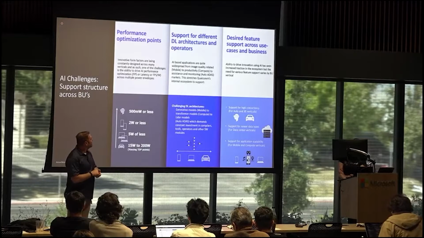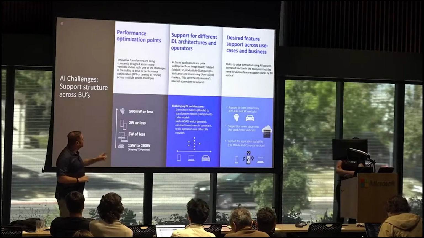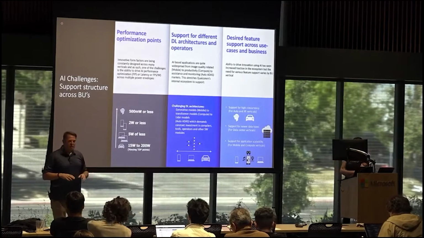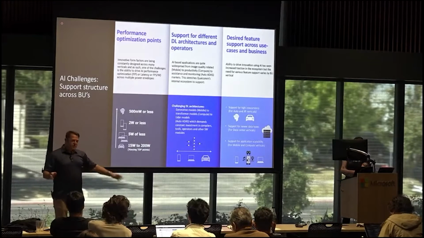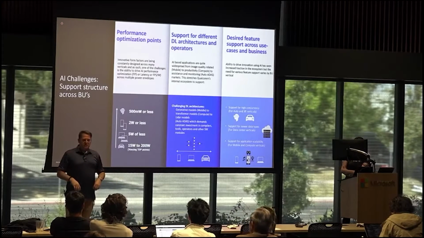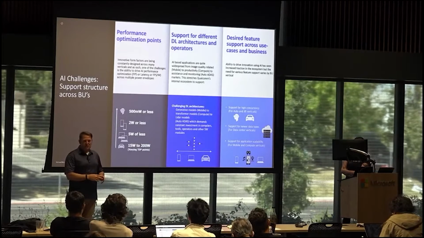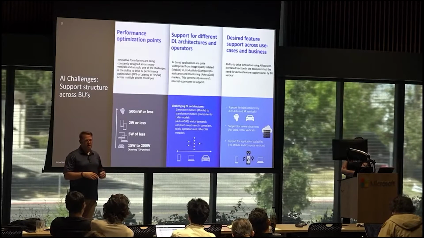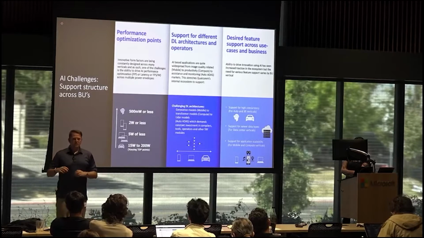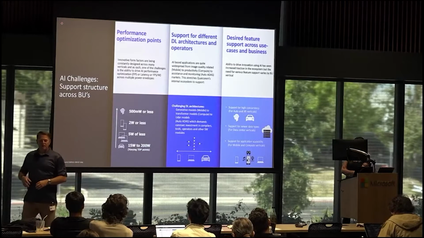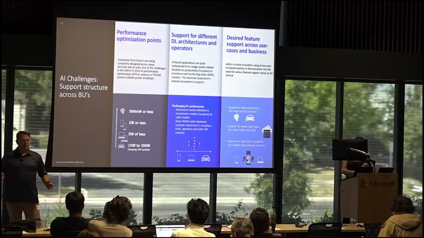The next thing that we have to deal with is the challenging architectures. Because we have to support all of these different devices, we have folks that come to us with itty-bitty, tiny noise cancellation algorithms that have to fit into, I don't know, 100K of memory, to folks that use devices that have to navigate and drive a vehicle.